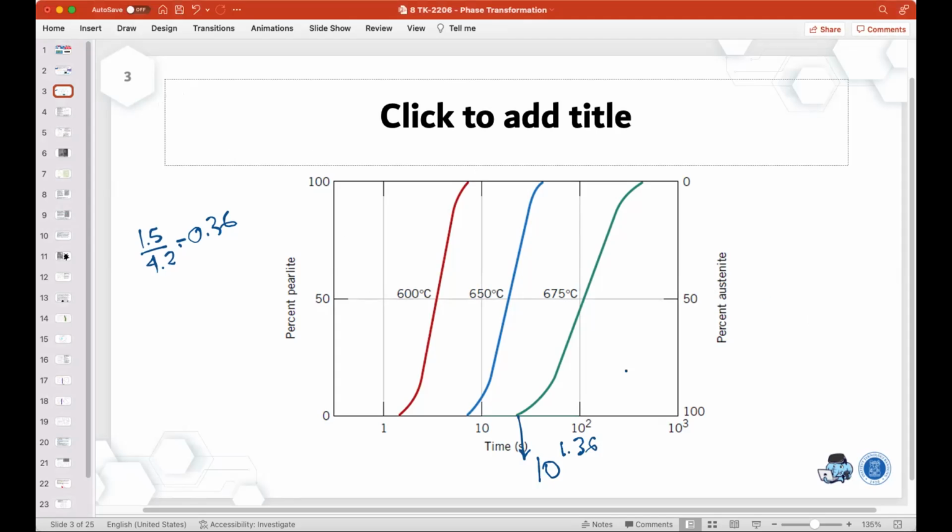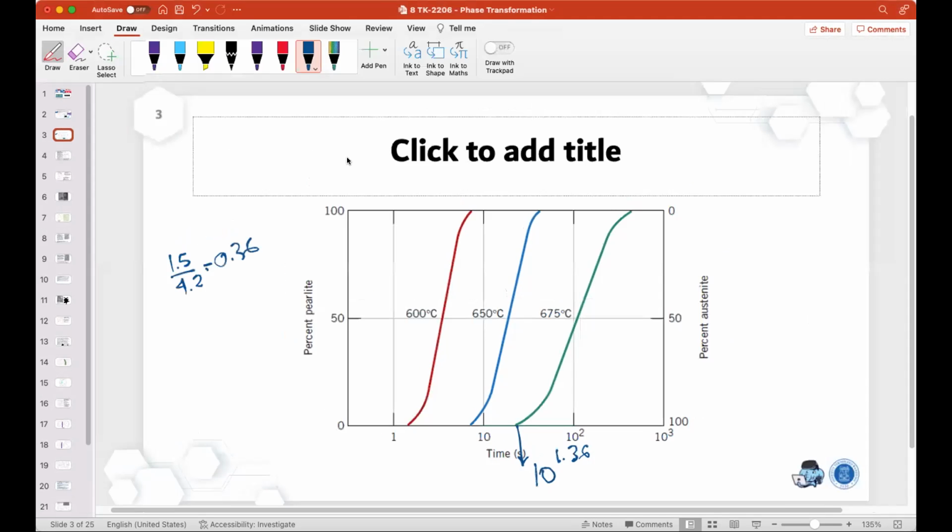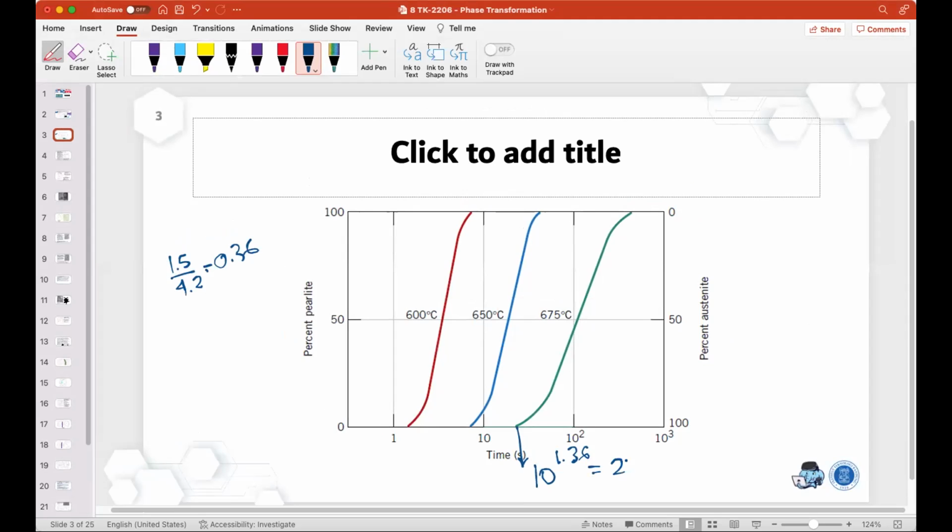So this is about 23 seconds. So the time here actually starts around 23 seconds.